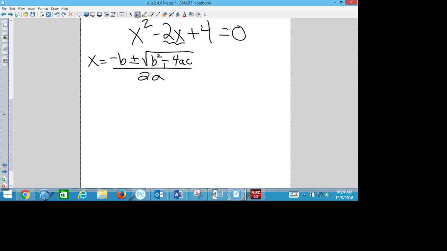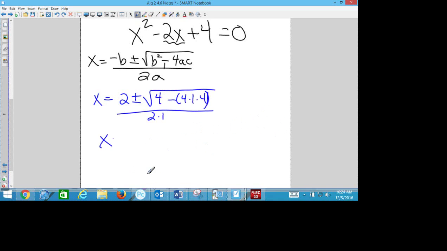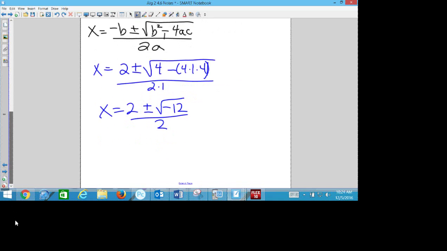Okay, so x equals positive 2 plus or minus square root of 4 minus 4 times 1 times 4, all over 2 times 1. We simplify that, we get 2 plus or minus square root of negative 12 all over 2. And we knew we were going to get an imaginary answer, didn't we? So this confirms we're doing it right.